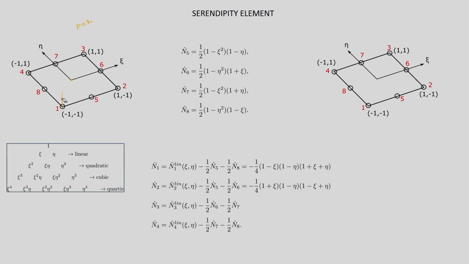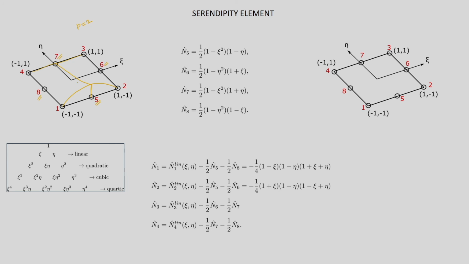First of all, we will construct the shape functions corresponding to the nodes which are on the sides of the element, like N5, N6, N7 and N8. So, N5 we will say varies quadratically with xi, having a value 1 at node 1, and in the eta direction it varies linearly to 0 at the boundary eta equal to 1.